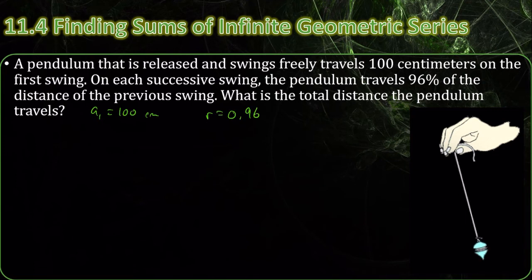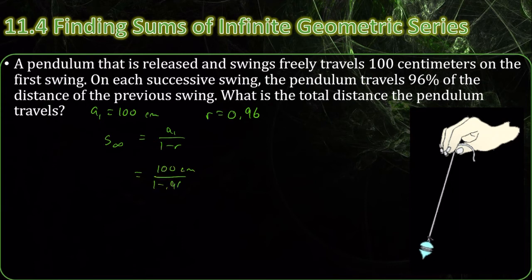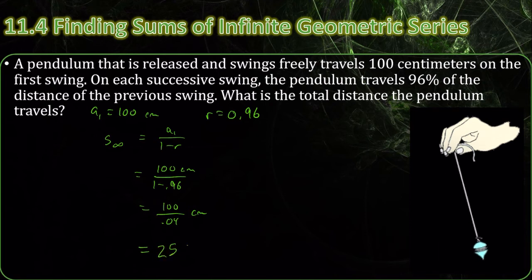We want the total distance, so we want the infinite sum, a1 over 1 minus r. So it's 100 centimeters over 1 minus 0.96, or 100 divided by 0.04, which gives you 2,500 centimeters, which, if you're curious, is 25 meters.